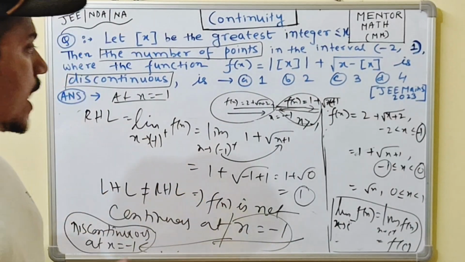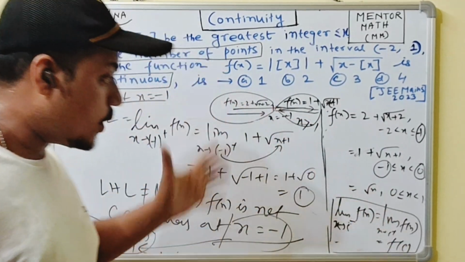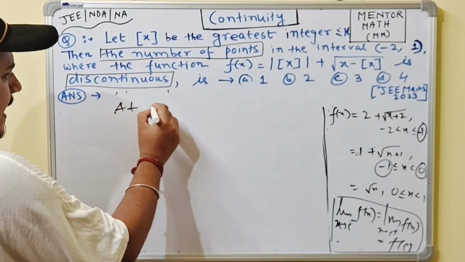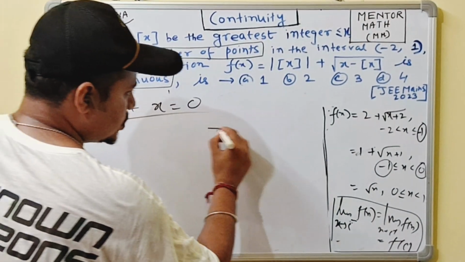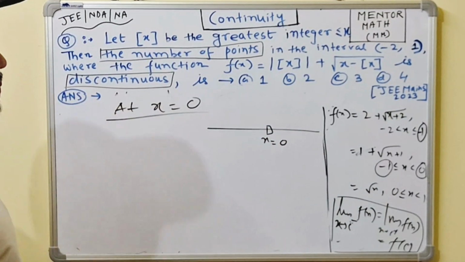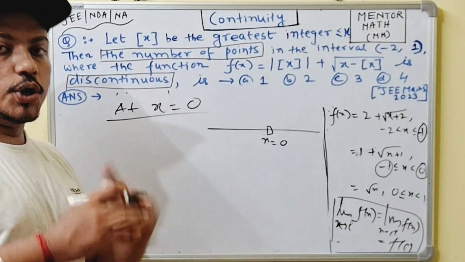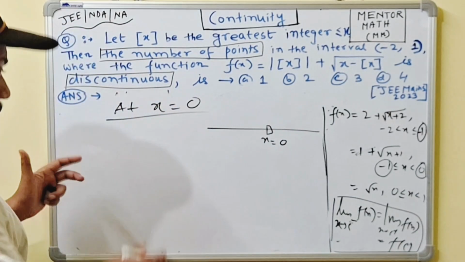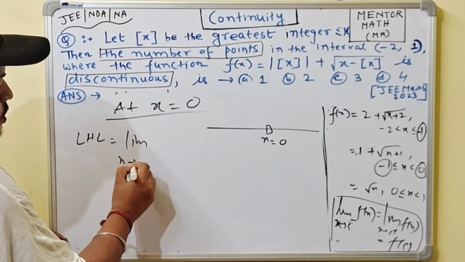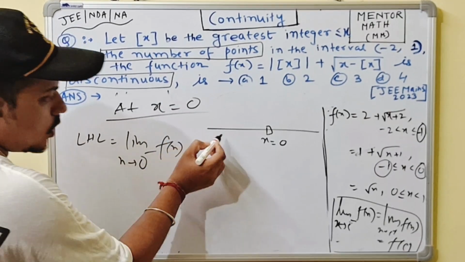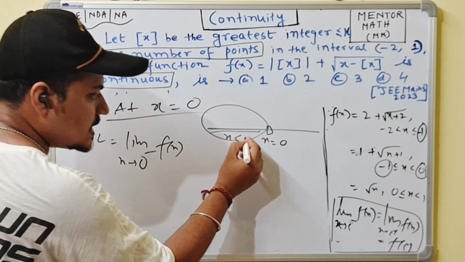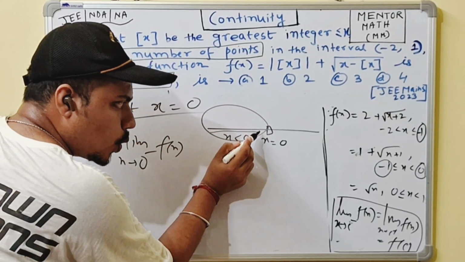Next you have to check for the 0 value also, in a similar way. Copy please. Now at x equal to 0, we have to check whether the function is continuous or discontinuous. First the left hand limit, limit x tends to 0 minus f(x). Whatever value we take is less than 0 and close to 0.